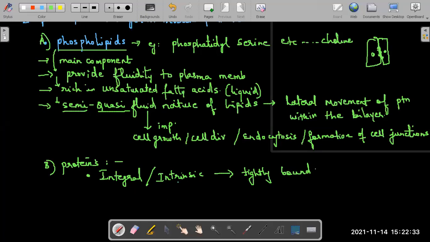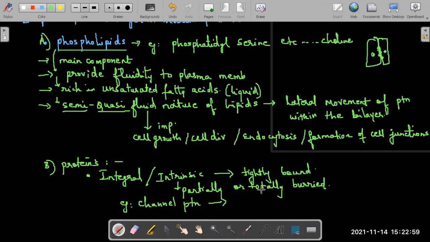They could be partially or totally buried. Examples of such proteins would be channel proteins.